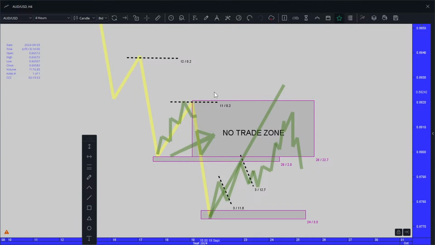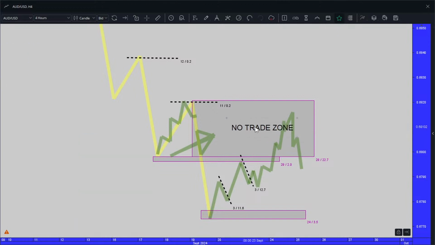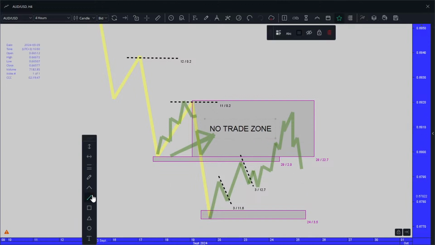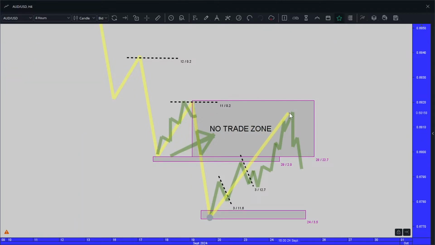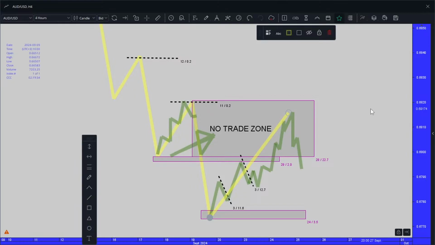On the other side, inside the no trade zone, if the bulls and bears are going to fight for control and the market breaks out, then you are going to do what? You are going to understand that, oh, we are still in a downtrend, exactly.